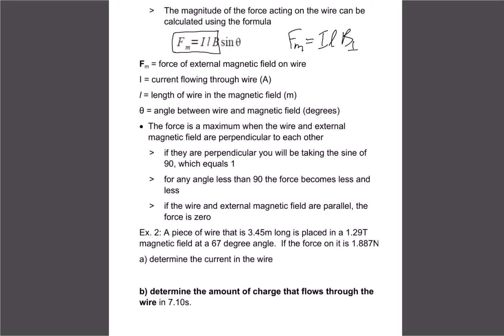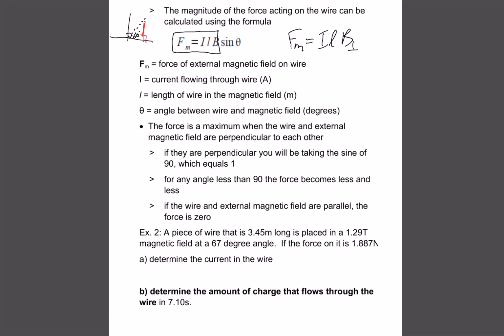So as long as it's perpendicular, that means it's 90 degrees. Sine of 90 would be 1, so it doesn't do anything different. The only reason we use the sine theta is sometimes, instead of it being perpendicular, maybe it's going to run at a bit of an angle. So if that angle is 60 degrees, the sine of that angle then would actually give us the perpendicular component. So it'll work either way, but most times you don't have to worry about the 90 degrees.